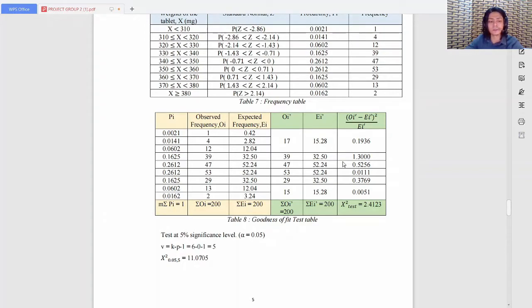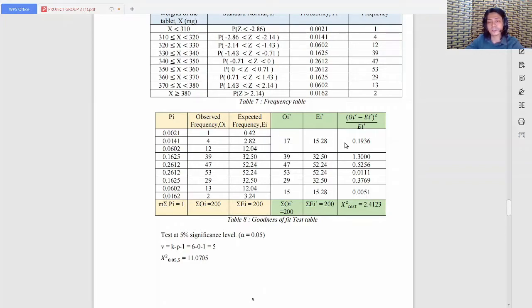The expected frequency should not be lower than 5. We have to combine 2 or more subgroups to make it more than 5. As we can see from the table, the first three values of observed frequency are added, as well as the expected frequency, to get the new values for both parameters.